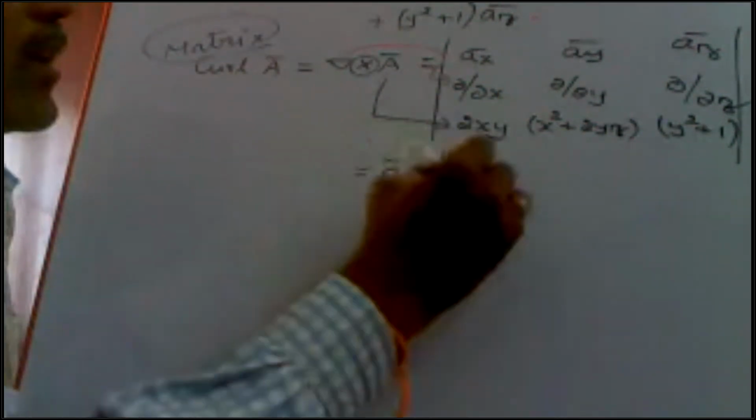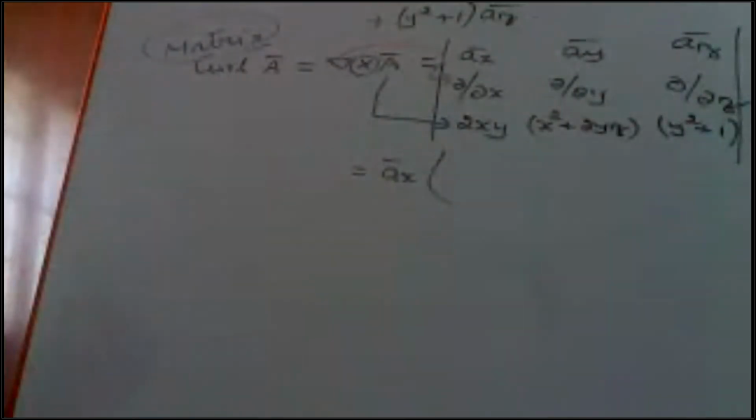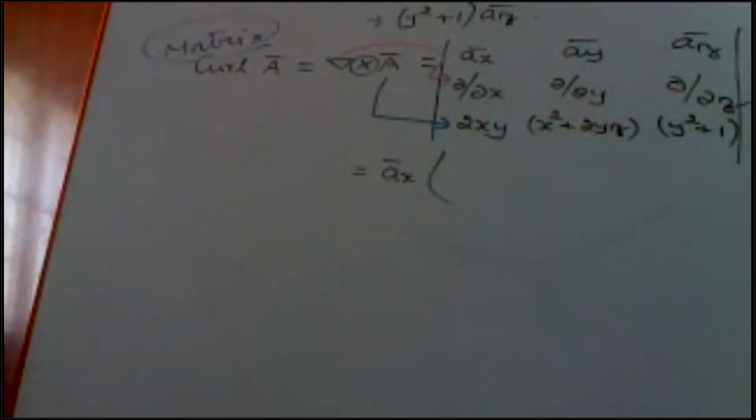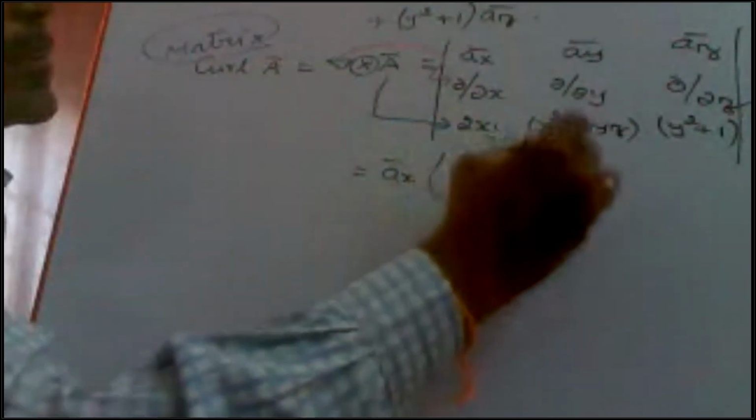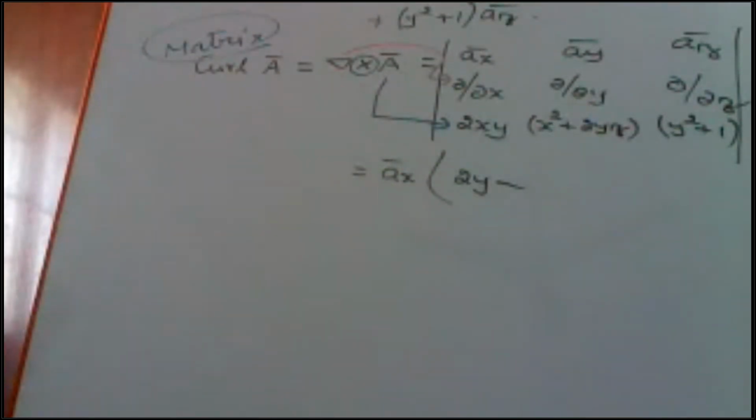So it is a_x vector into what is ∂/∂y of this term? a_x into what is ∂/∂y of y²? 2y. Minus the second operation, ∂/∂z of this term x² + 2yz. What is that? 2y.